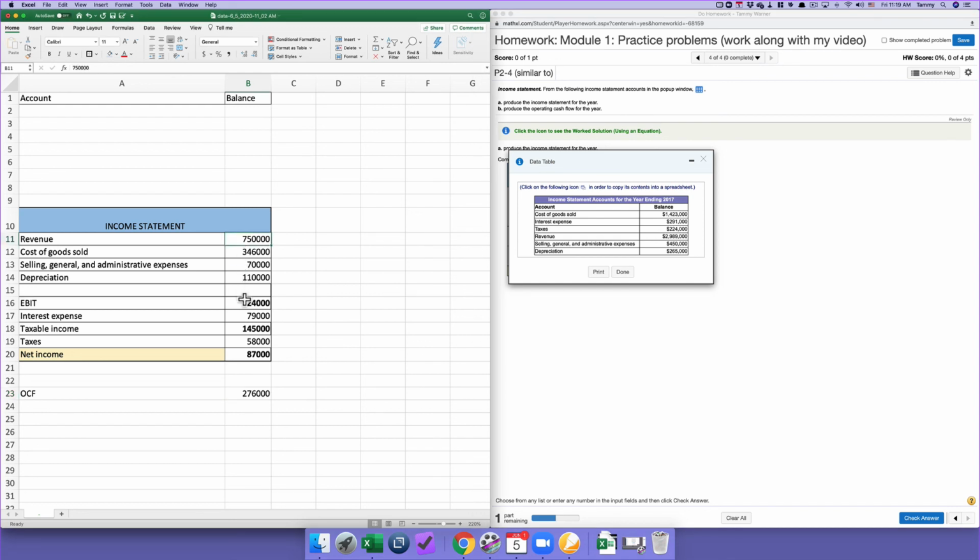Again, before you do anything, just note which of these numbers are calculated, and this is going to be calculated as well. Enter the new data over here in your MyLab, and then check it, and it should work out perfectly for you.